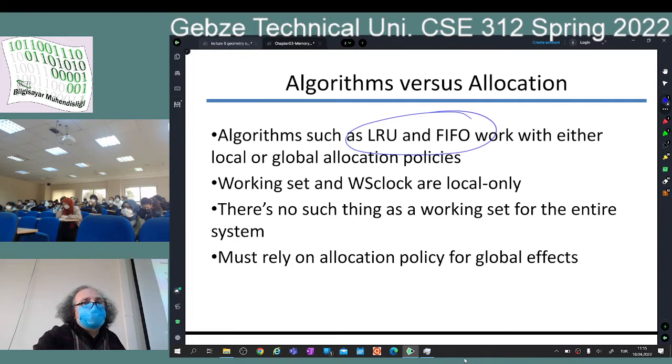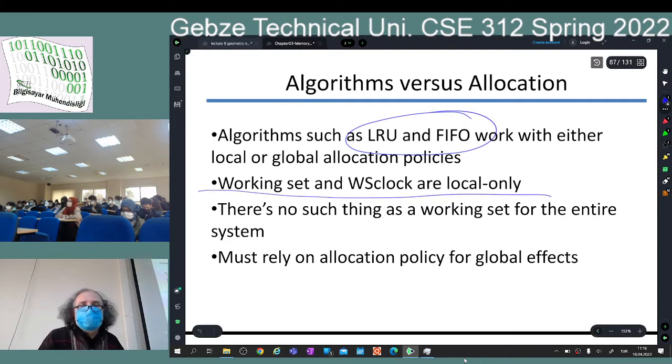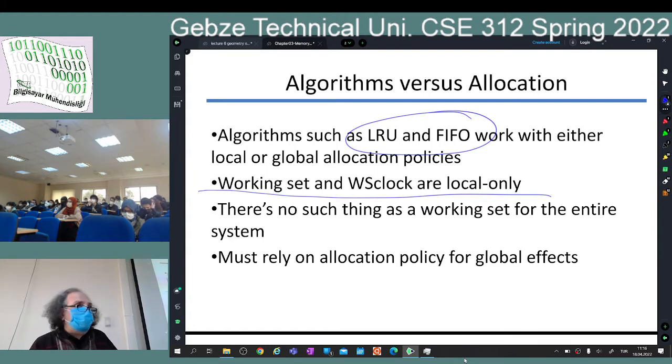So I need to make this run with the local policy only, because working set tries to measure the working set for each process. Okay, so the working set and WS clock are local only. That's not good news, because we like the global policies better than the local policies. There is no such thing as the working set for the entire system, because that would be meaningless.